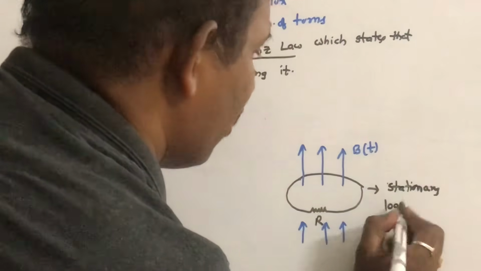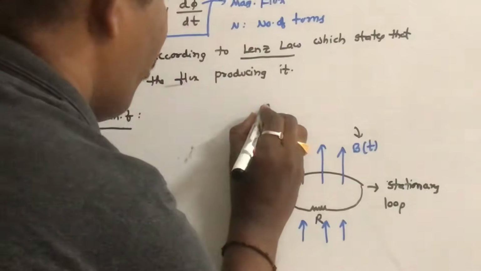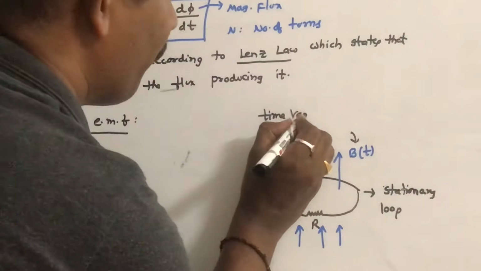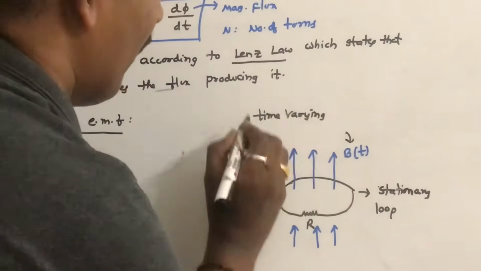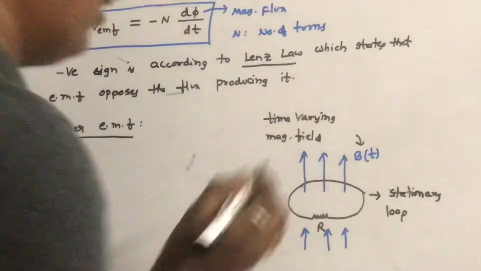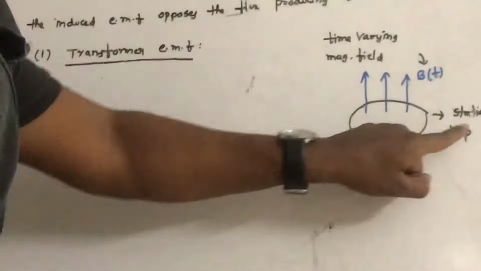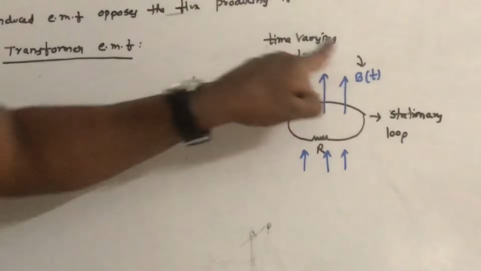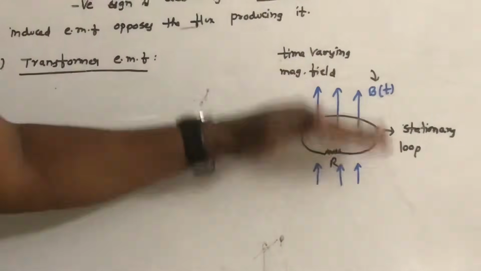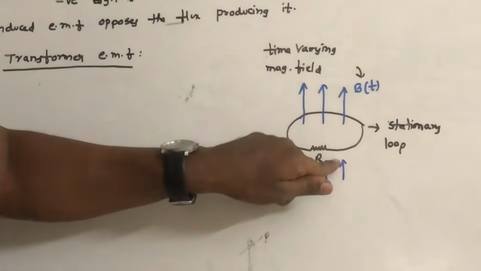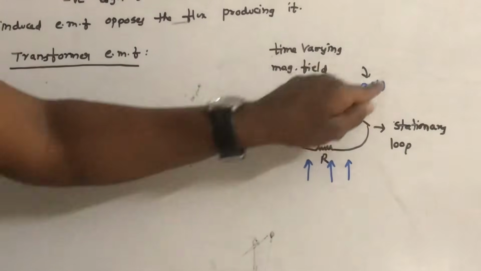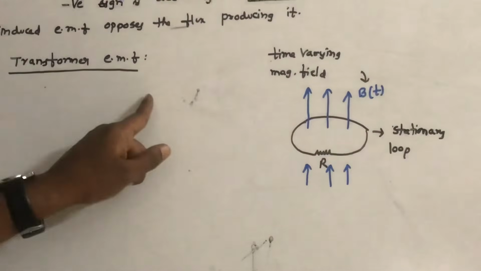Clearly observe that this is a time varying magnetic field, that is, the magnetic field is varying with time. Very simple definition. The EMF induced in the stationary loop in a time varying magnetic field is called transformer EMF.